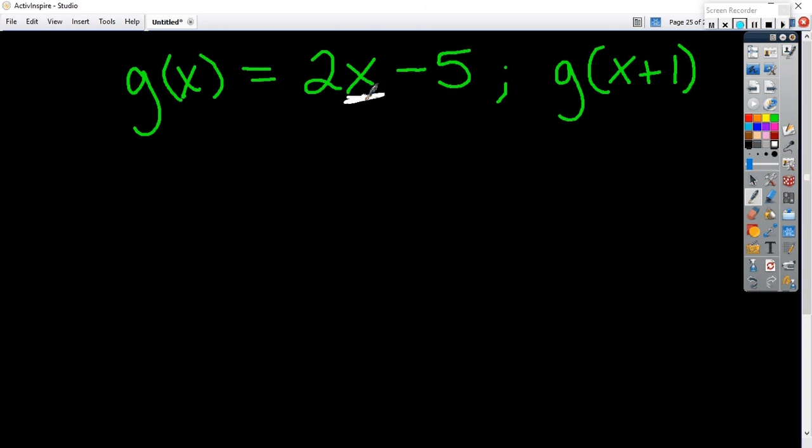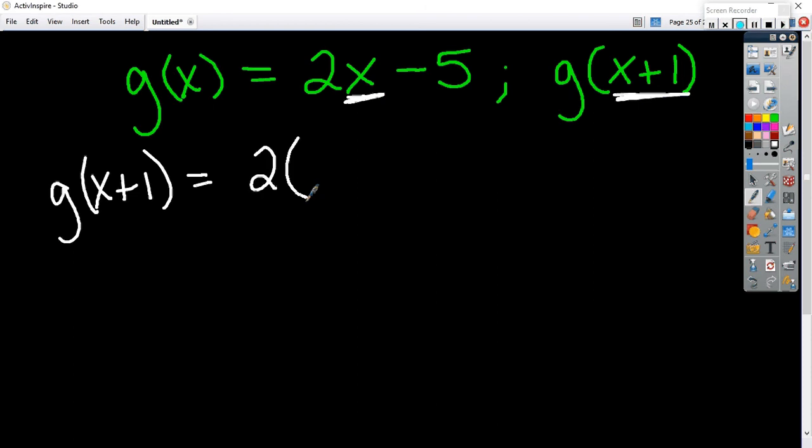Whatever the x is, what am I replacing it with? x plus 1. Everything else stays the same. That 2 needs to multiply to everything, so you're going to have to put it in parentheses: 2 times x plus 1, minus 5. Does everybody see what I did? I literally just took the x out and put the x plus 1 in the place of it.